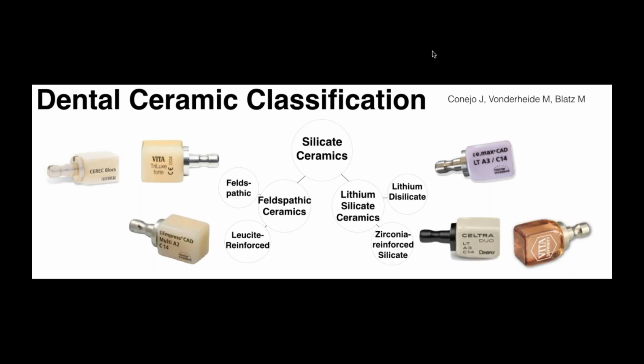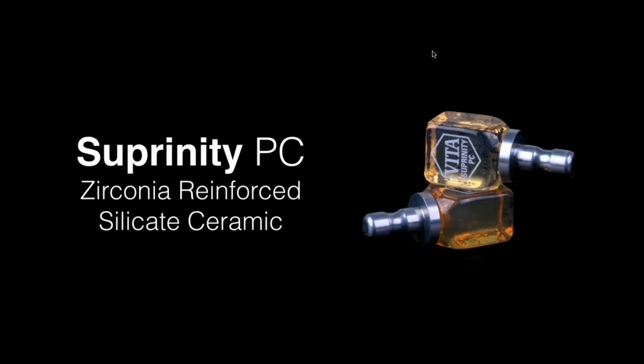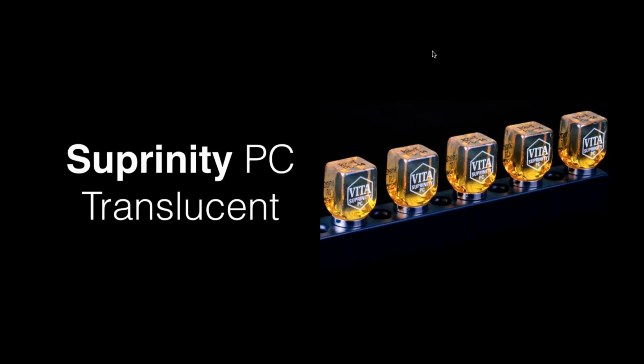Then industry started to move forward, and the zirconia reinforced silicate ceramic was created: basically, VITA Suprinity in a pre-crystallized phase, or Celtra Duo in a fully crystallized phase. We found in our research that having a fully crystallized material to mill might not be the best idea, because the material will suffer more. So we've been using VITA Suprinity PC, which is a zirconia reinforced silicate ceramic.